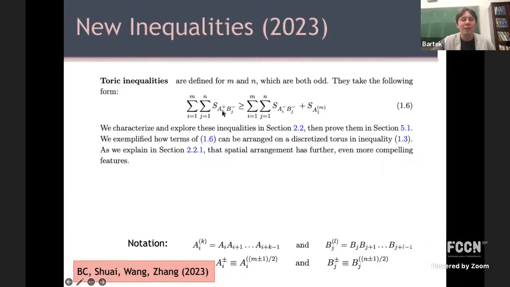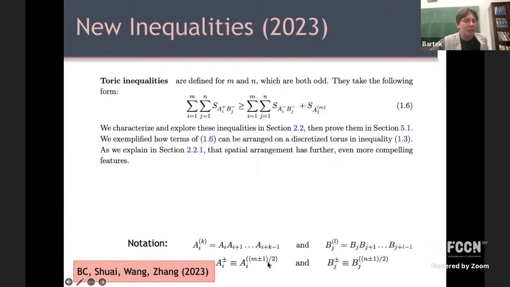Now, I have to ask you to understand the notation. We have these regions A1, A2, A3, A4. I denote with A_I^K the set of K consecutively labeled regions that start with I, the ith region. There's the same notation for B. Further on, I will assume that the number of A regions and the number of B regions is odd.